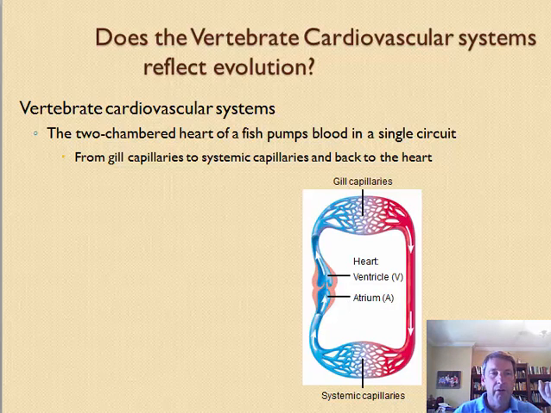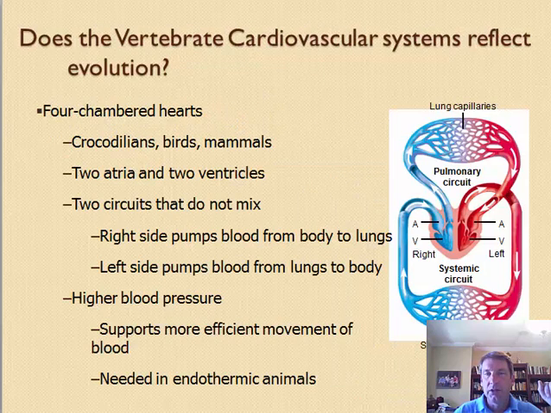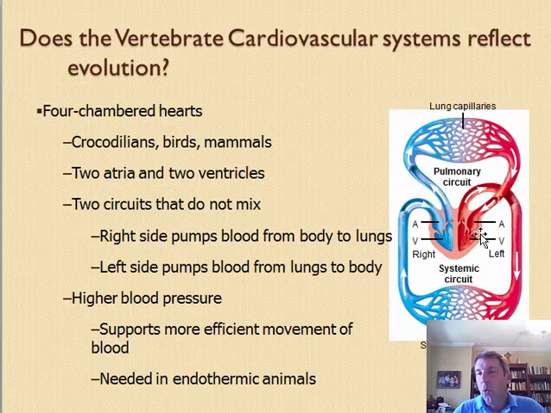Then we have variations where we see four chambers in the heart, like what we have: two atria and two ventricles, and two circuits. One circuit goes to the lungs and picks up oxygen, and then it comes back to the heart.